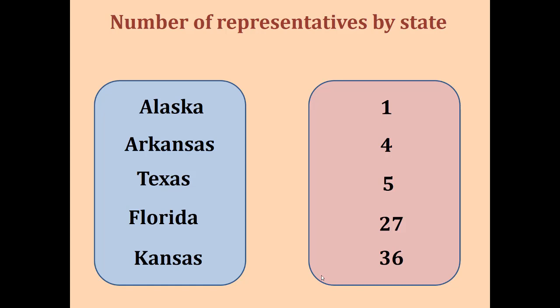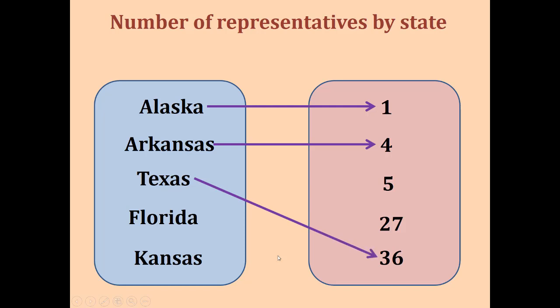At the top you see the number of representatives by state is what we want to use as our function. Well, it's decided by what state it is. For example, Alaska is 1, Arkansas has 4, Texas has 36, Florida has 27, Kansas has 4.